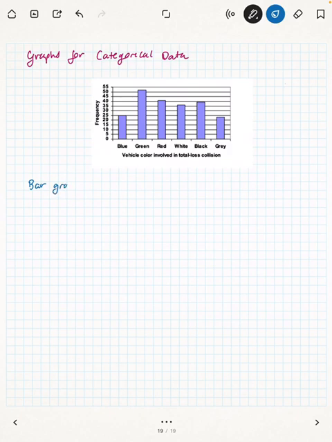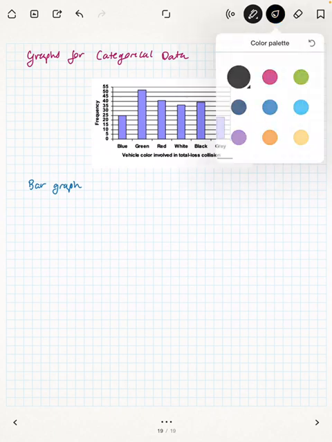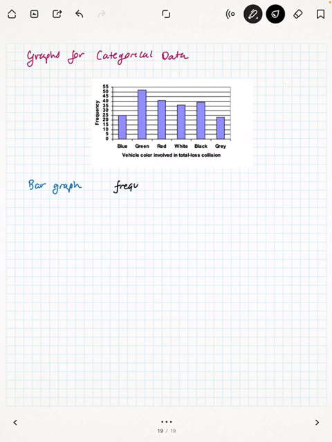or bar graph was created was we took a frequency or a relative frequency distribution. So once we have that, we can represent each count or frequency in a vertical or horizontal bar. In this case, vertical.